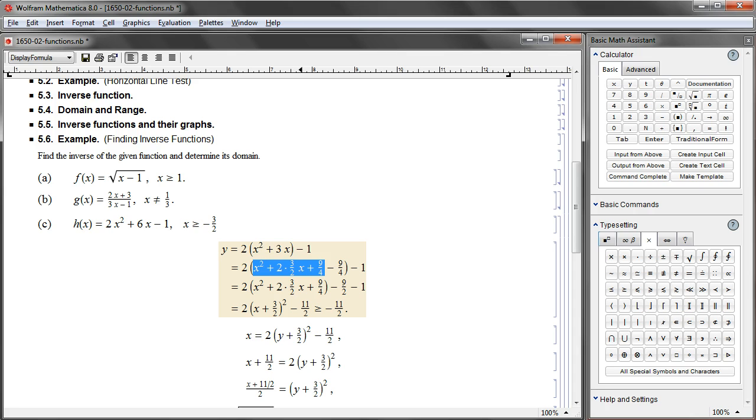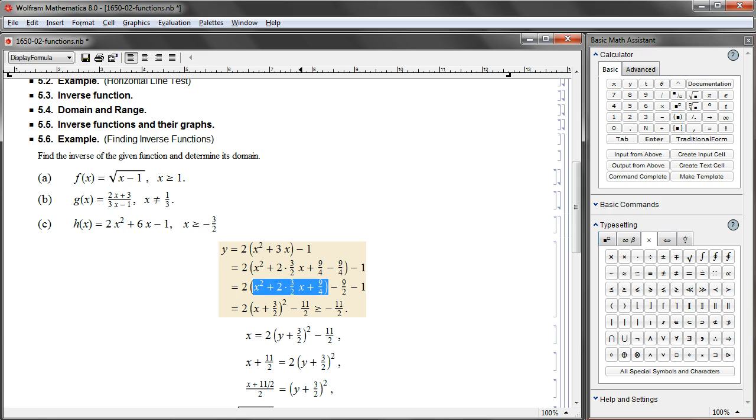Because I added 9/4, I have to subtract it so that I don't change anything. And this minus 9/4 will have to go outside this parenthesis, and when you do that, you have to multiply by 2. So we have 9/2 there.